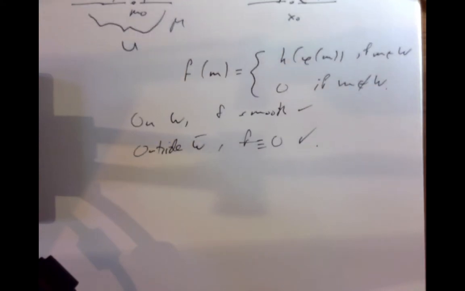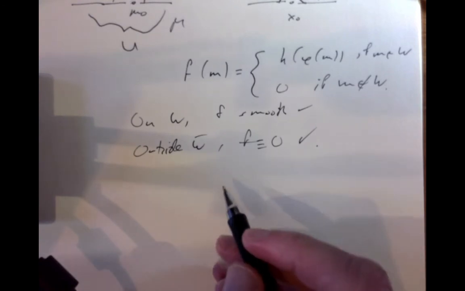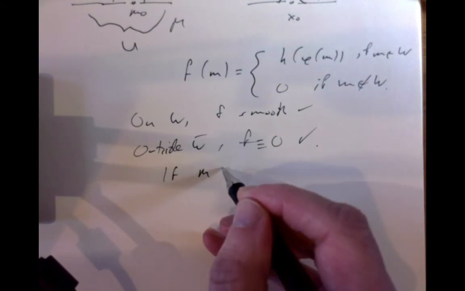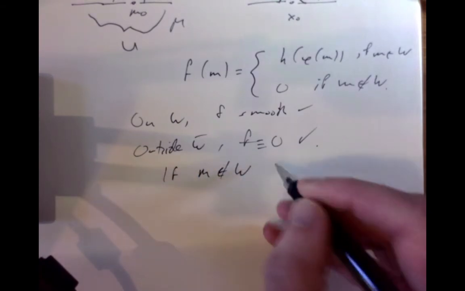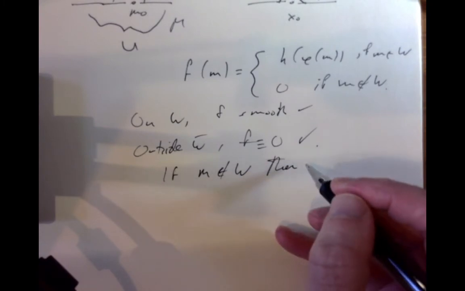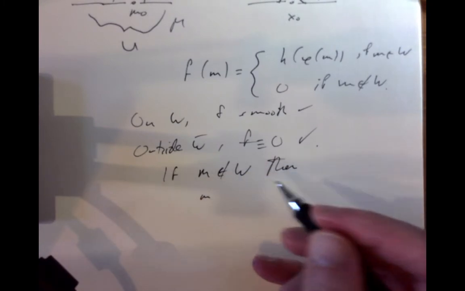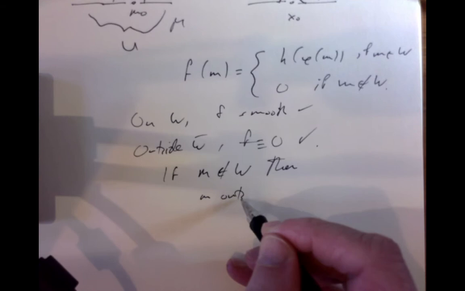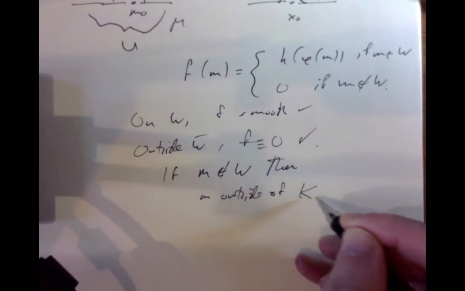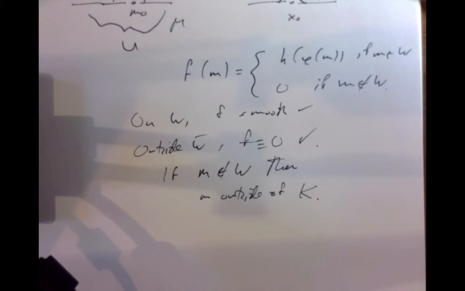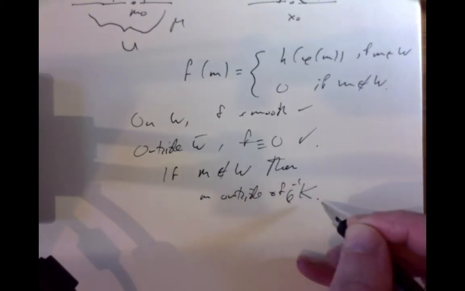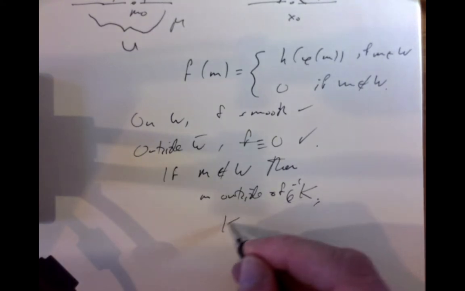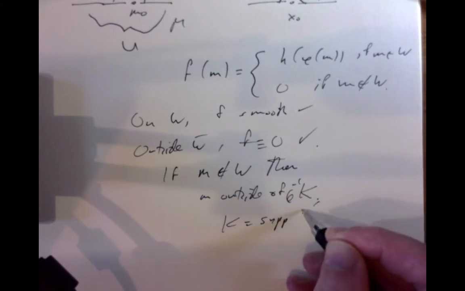Now here's where we really use the compactness, because we've said that we have a point M and it's not in W, maybe it's on the boundary, then M is outside of this compact set K. Sorry, it's outside the image phi inverse K, because we have this compact set K, which is the support of this h.